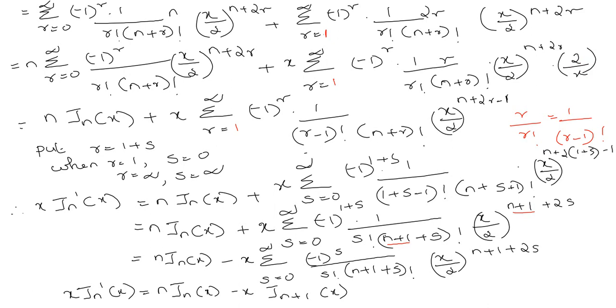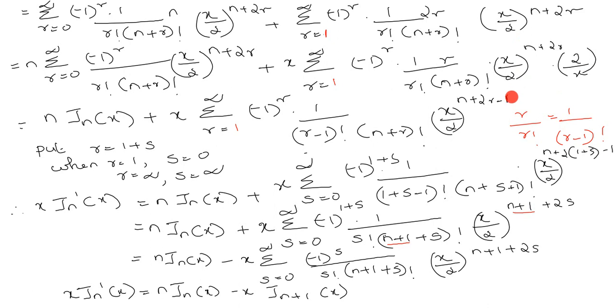Okay, that is the second term on the RHS, which is x sigma r = 1 to infinity, (−1)^r 1 by r factorial into (n + r) factorial. 2 we have written here, so what is remaining is r alone, r into (x/2)^(n+2r) into 2 by x. 2 by x can be written as (x/2) divided by (x/2)^2, is it not?